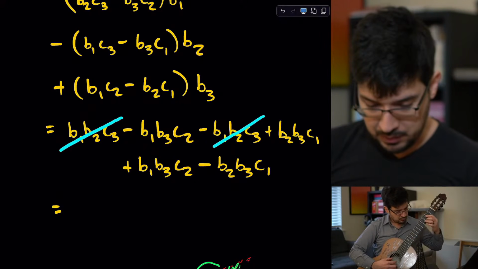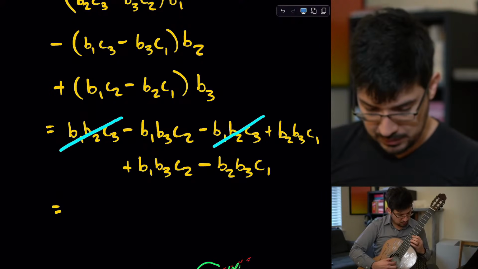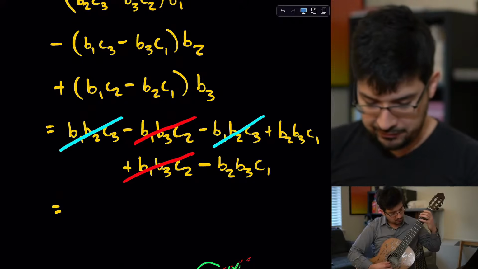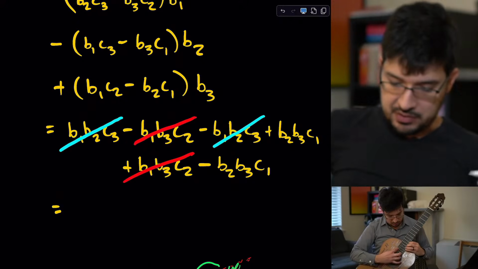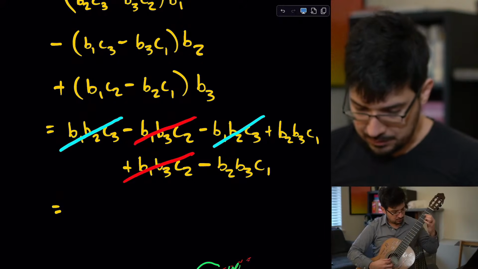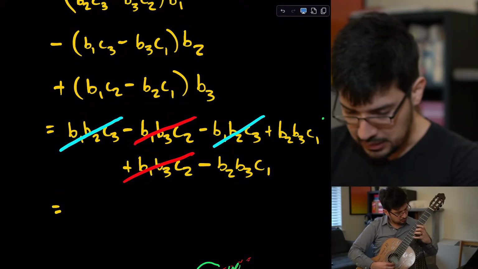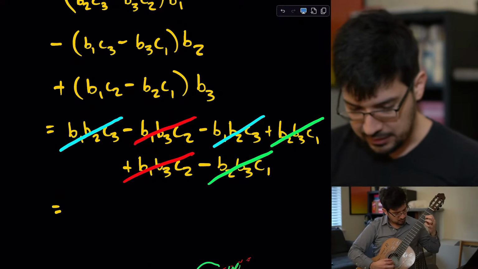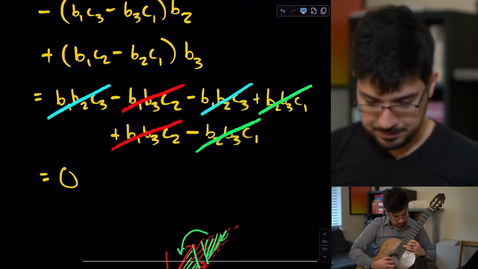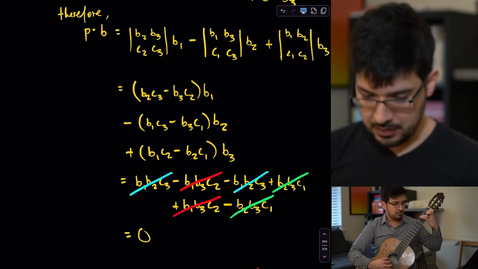B1, B3, C2 is here, a negative value and a positive value. Those cancel out. And finally, the last one, B2, B3, C1, positive and negative. So this is equal to 0.